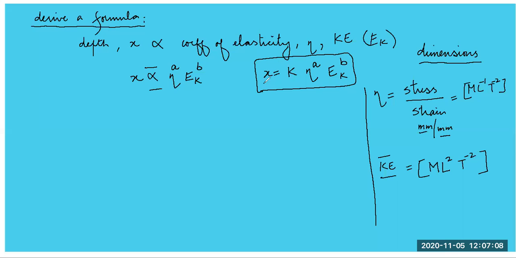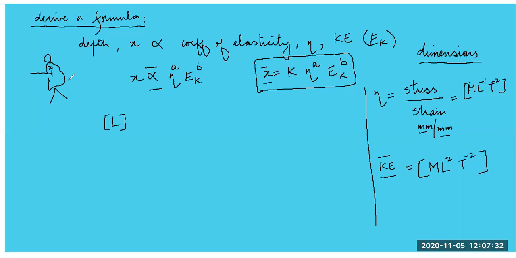Jasmine, what is the MLT of x? x is distance. This is the human body. Let's say this is the person. The bullet comes, so it enters till here. This is x, how much it penetrates inside the body. So what will be the MLT of x? It will be L. Am I right or wrong?